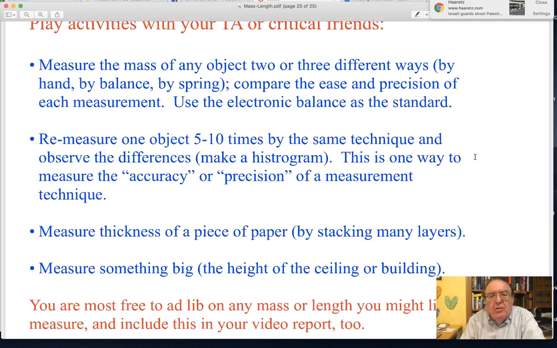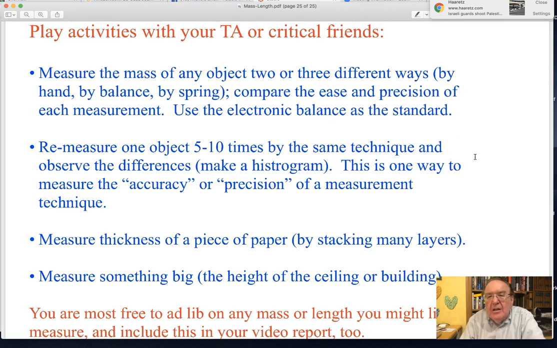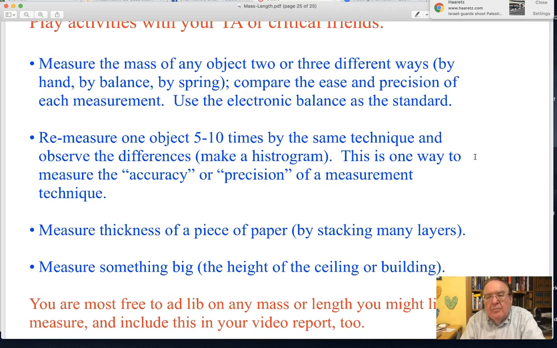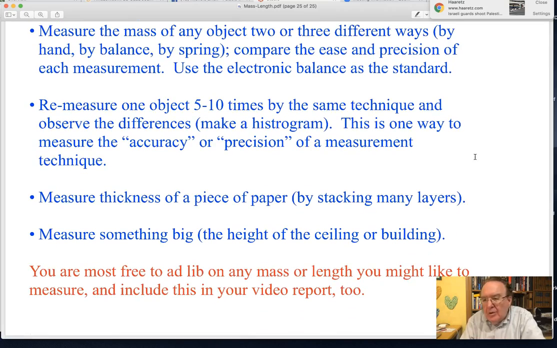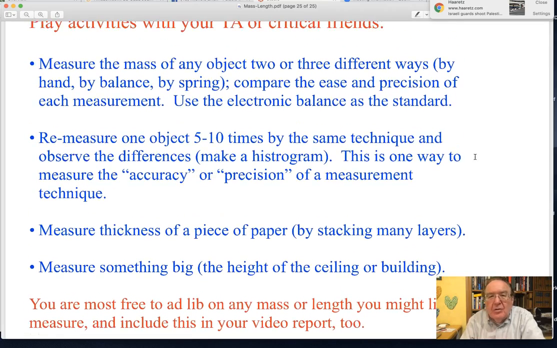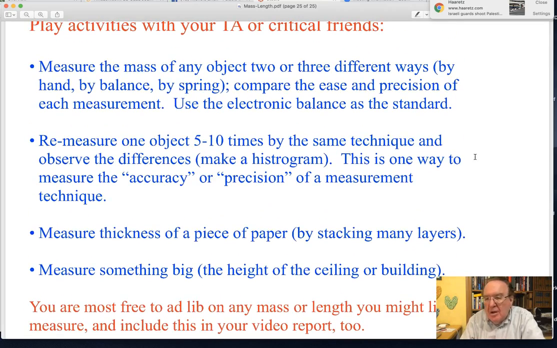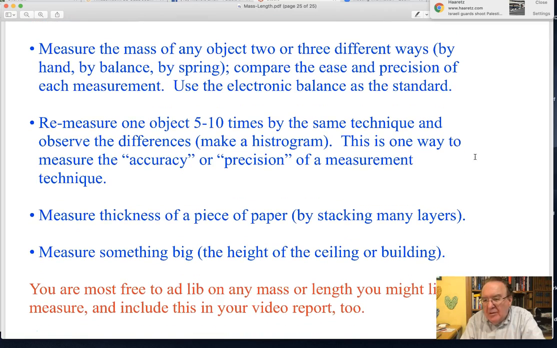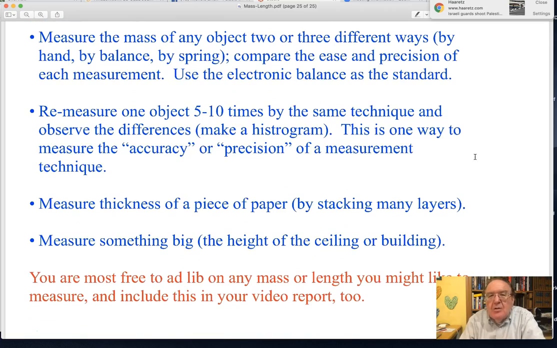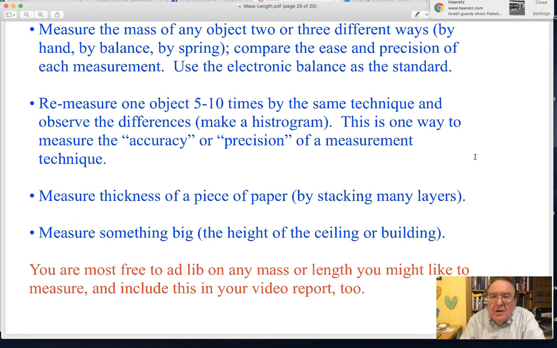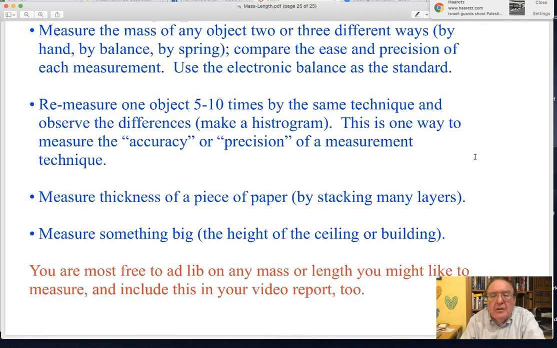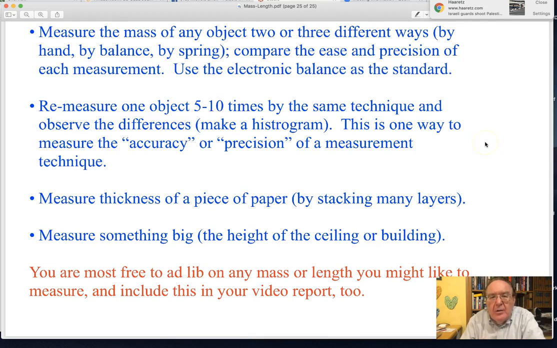Okay, so you can do it by the same technique, either yourself or one of your critical friends. For example, you can have different people measure the same object. Well, the same object has to be something that's common, like, for example, a quarter or something like that. Okay, so by making successive remeasurements and so on, that's one way of measuring the precision of a measurement.